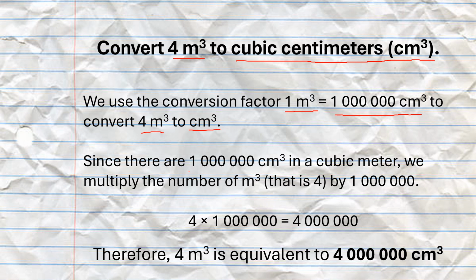Since there are 1 million cubic centimeters in a cubic meter, we simply multiply the number of cubic meters, which is 4, by 1 million. So 4 times 1 million is equal to 4 million. Therefore, for 4 cubic meters, the equivalent value in cubic centimeters is 4 million cubic centimeters.